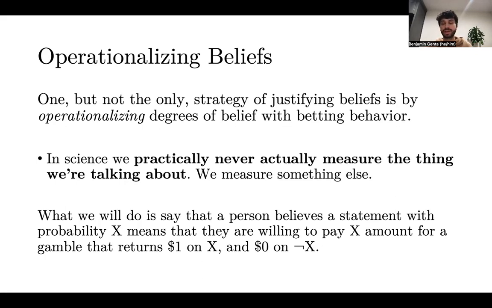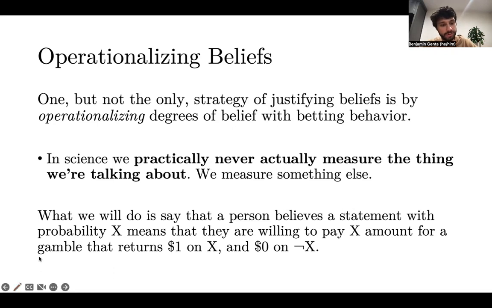If I believe a statement with a probability 0.25, what that means is I'm willing to pay 25 cents for a gamble that returns me $1 if the statement happens, and $0 if the statement doesn't happen.